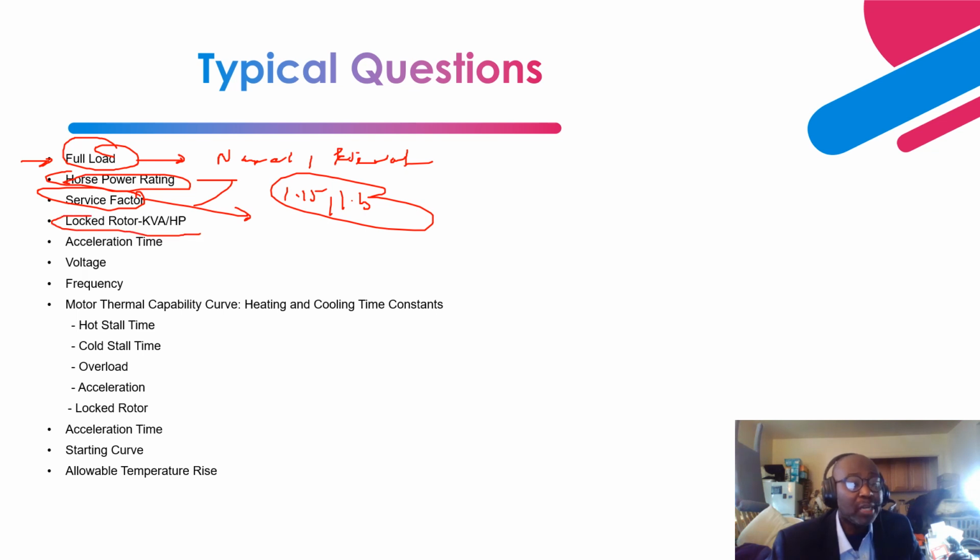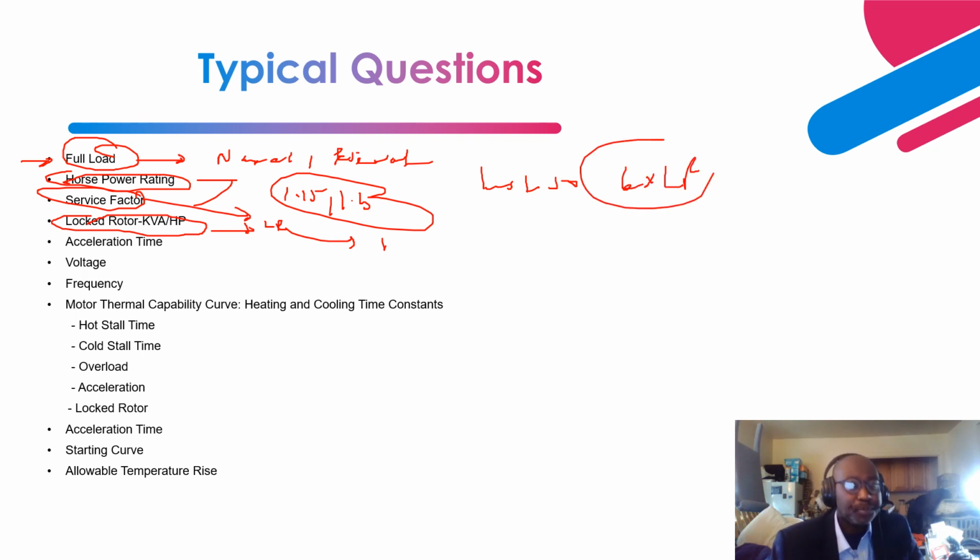Then your lock rotor kVA per horsepower. This basically allows you to do your setting for your instantaneous settings, your 50 settings. So that should be multiples of your lock rotor, let's say 6 times the lock rotor amps.